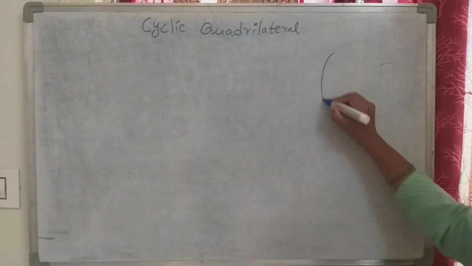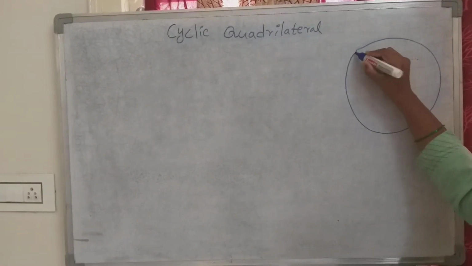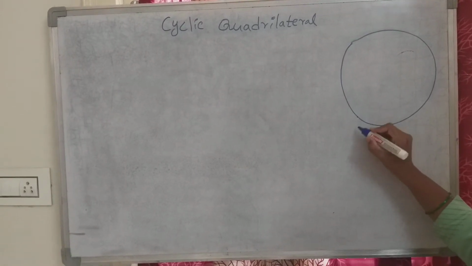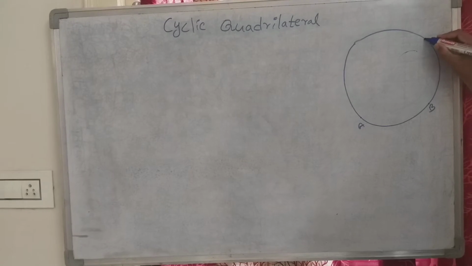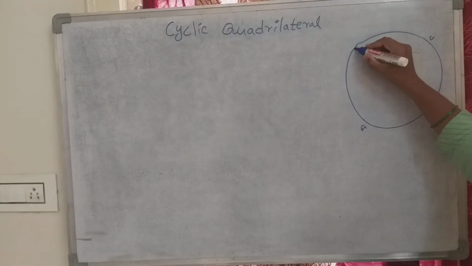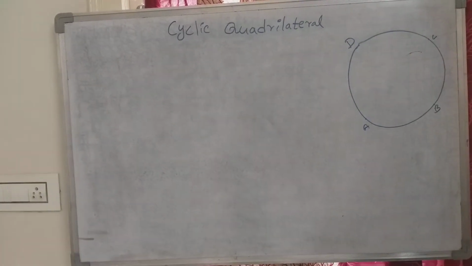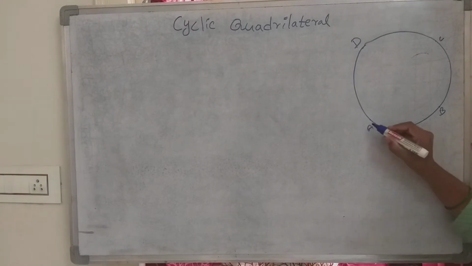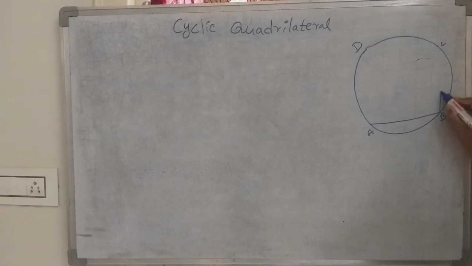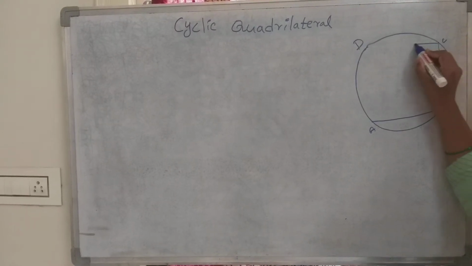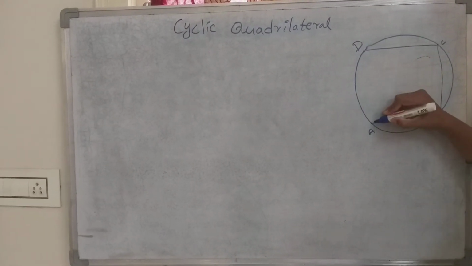So draw a circle. A, B, C, D are the points. Join these points: AB, BC, CD, AD.